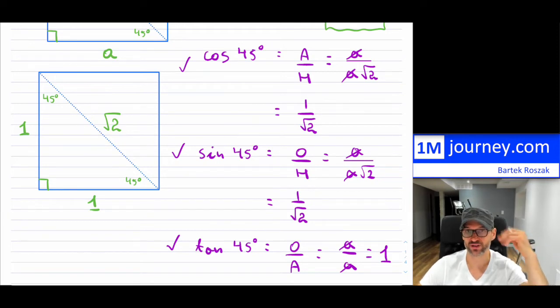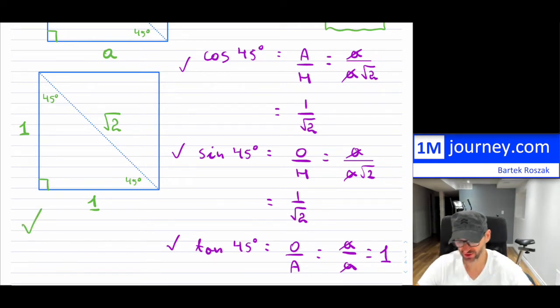So even if they forget, like myself, I sometimes forget if I don't use it, what I do is I just draw this square, cut it in half, set the sides equal to 1, and then it's very easy for me to derive adjacent over hypotenuse, opposite over hypotenuse, opposite over adjacent, and so on.